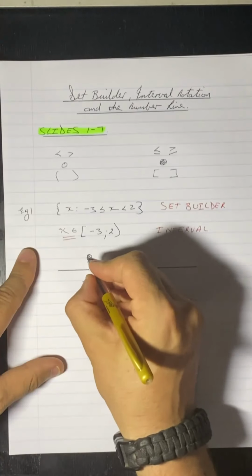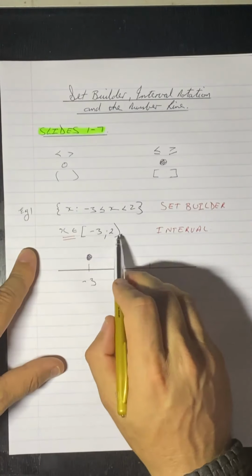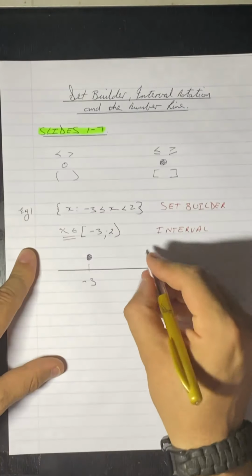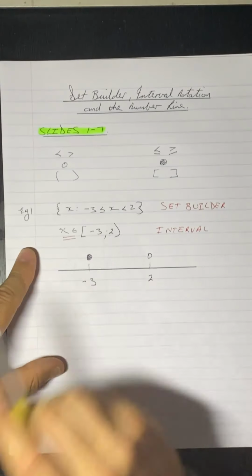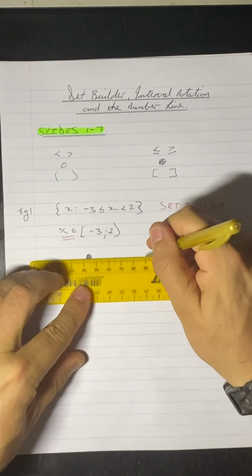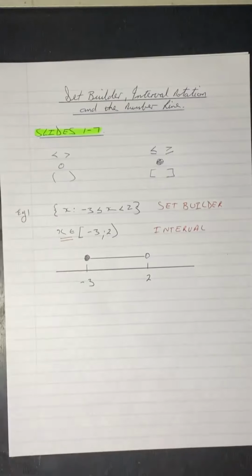So you put the closed dot on -3. And if we have a look at 2, 2 has a round bracket. Round bracket means you get an open dot. And it is saying that x must lie between these two numbers. So I draw my line between those two numbers. And that is your number line.